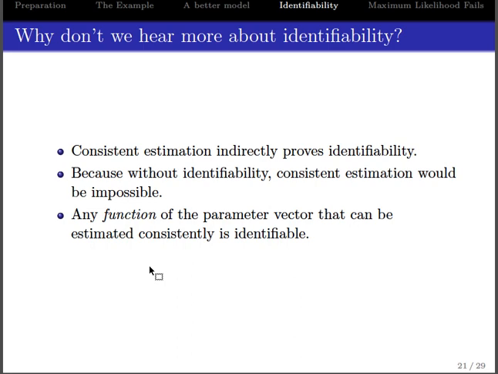Alpha and beta together as a vector are not identifiable. However, since the probability that yi equals 1 is alpha over alpha plus beta, that function can be estimated by a sample mean. Consistency of the sample mean. Again, we need to talk about large sample theory.